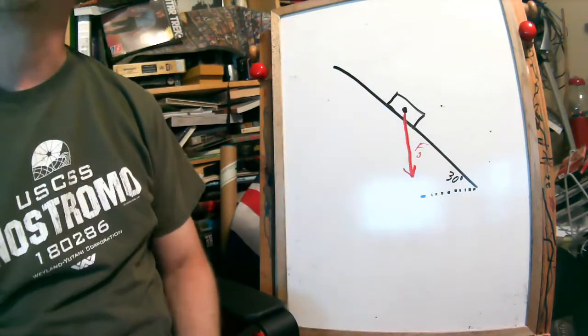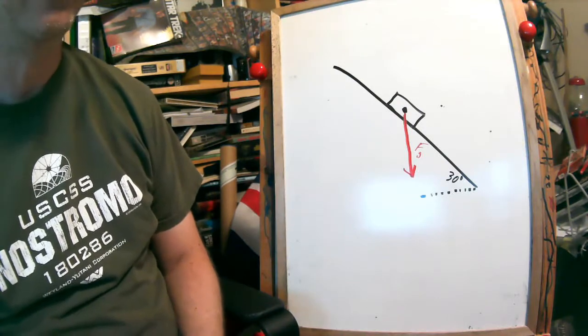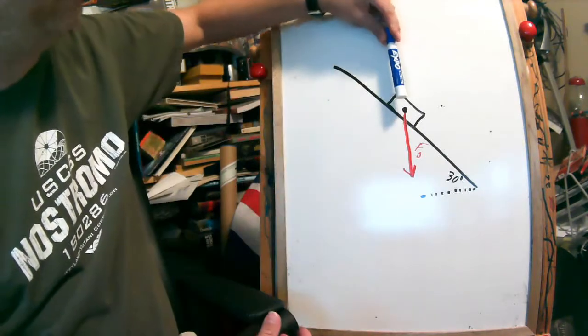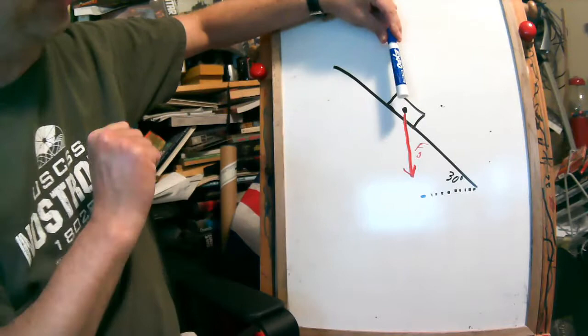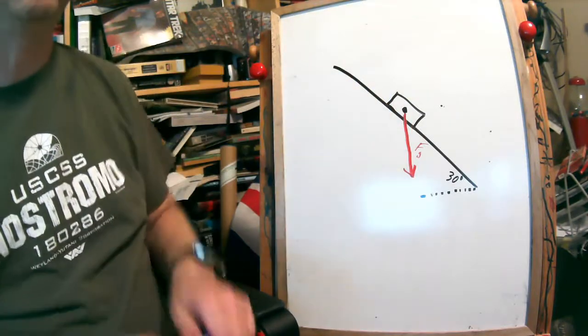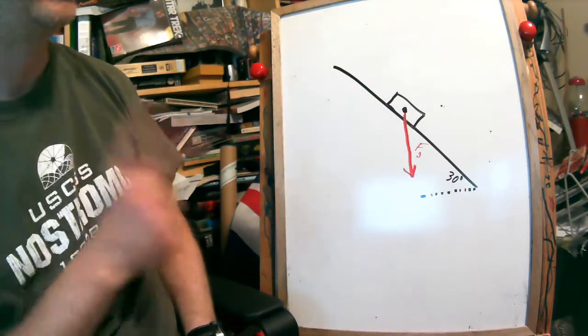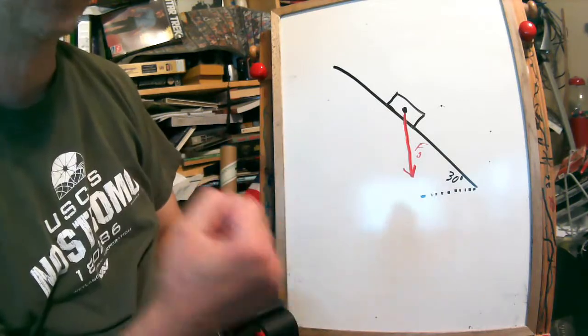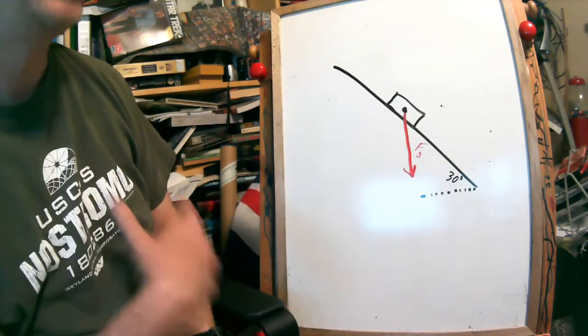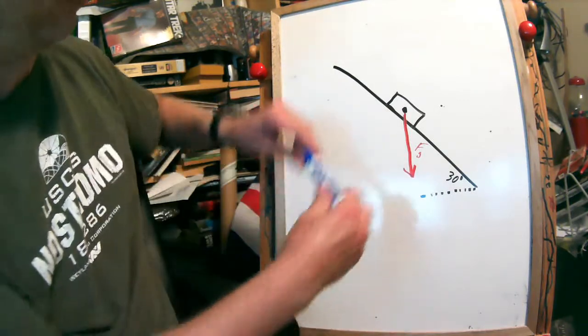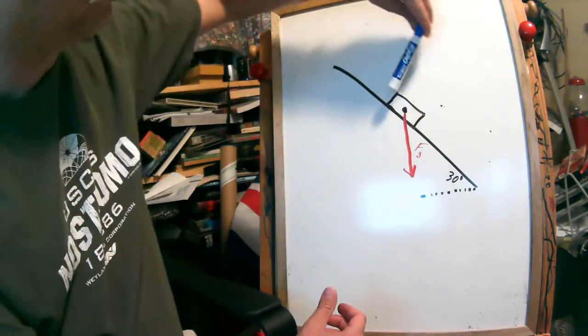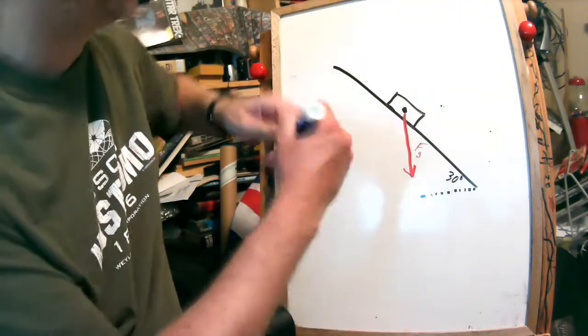The next one I got to be careful about is Fn, because we're used to drawing Fn equal but opposite to Fg. And that's because usually we're on flat level surfaces. But remember, the actual definition of normal force, normal, means 90 degrees to the surface we're on. So there's the surface, 90 degrees, points like that.